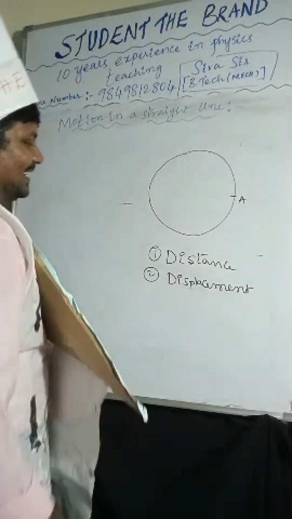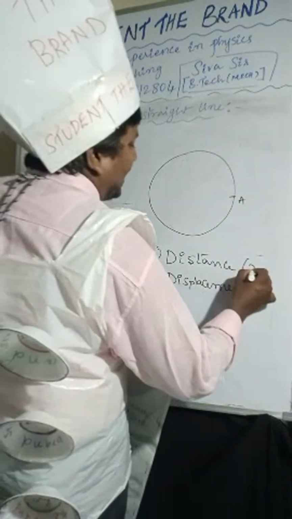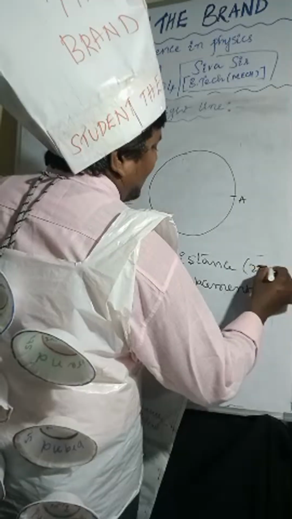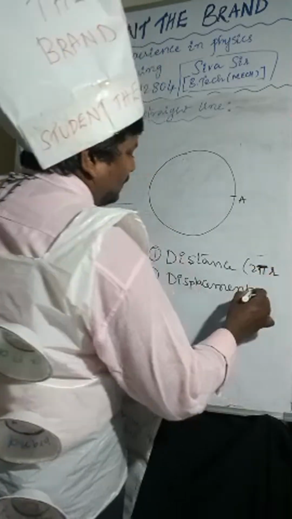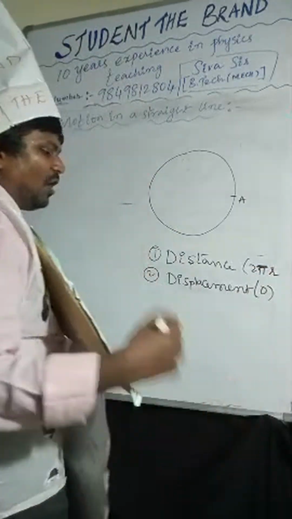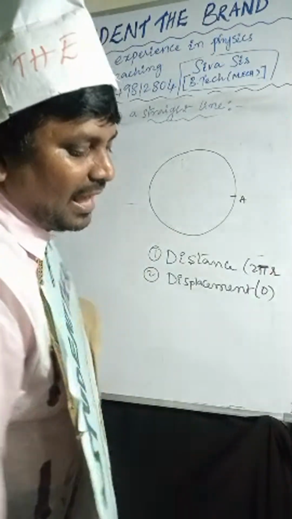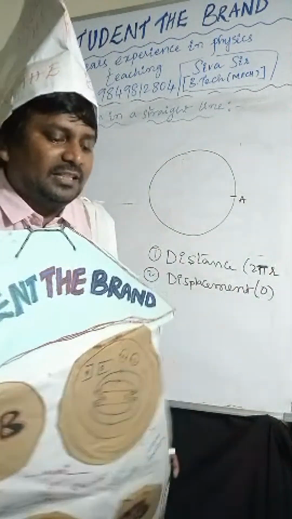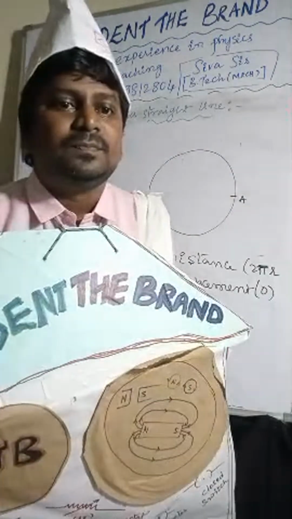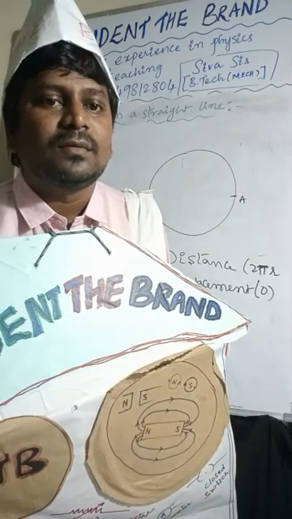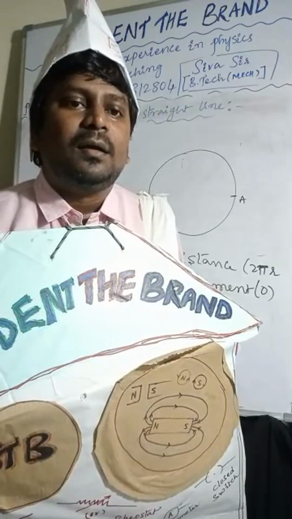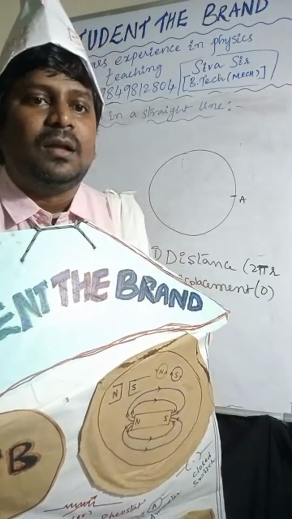So here you can see distance is nothing but 2 pi r, and displacement is 0. How, sir? I said displacement is nothing but the shortest path from initial to final point.